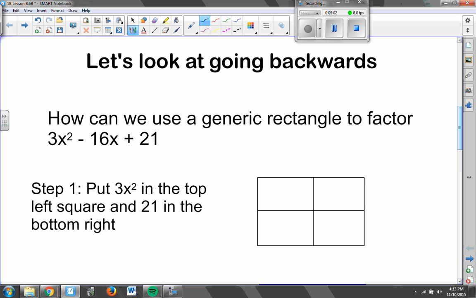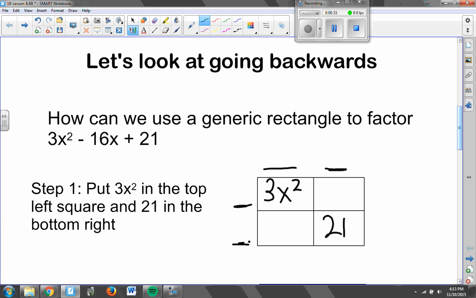Step 1 to using this generic rectangle to factor 3x squared minus 16x plus 21. Step 1, put 3x squared in the top left square. And put 21 in the bottom right square. Okay? Because we know that here and here we should end up with numbers that multiply to be 21. And then here and here we should end up with numbers that multiply to be 3x squared.